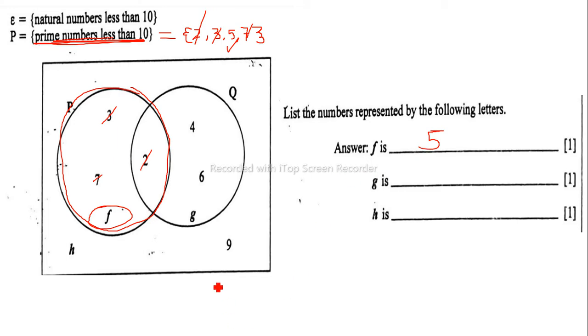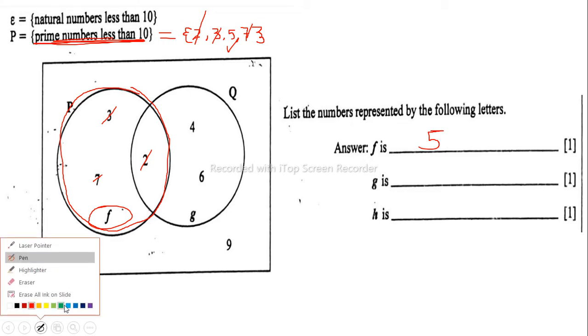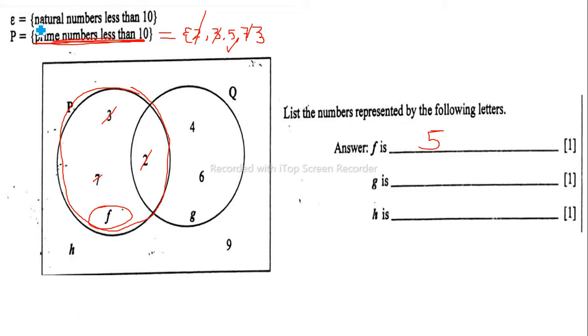Now, next up, let's use the blue. We want natural numbers that are less than 10. So what should be in the set? 1, 2, 3, 4, 5, 6, 7, 8, and 9. What is Q though? Did they tell us what Q is?